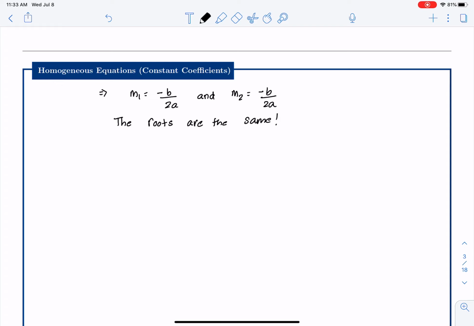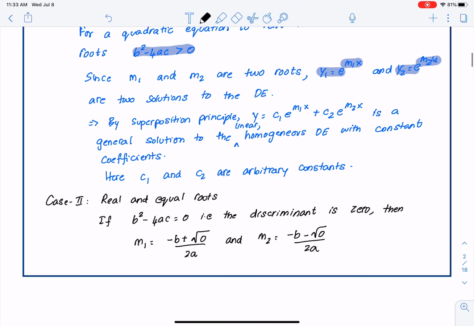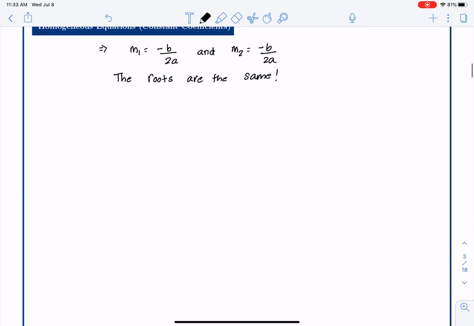Now you may say, we'll take the same approach that we did previously and say, since we have two roots, y1 equals e raised m1x and y2 equals e raised m2x are two solutions.